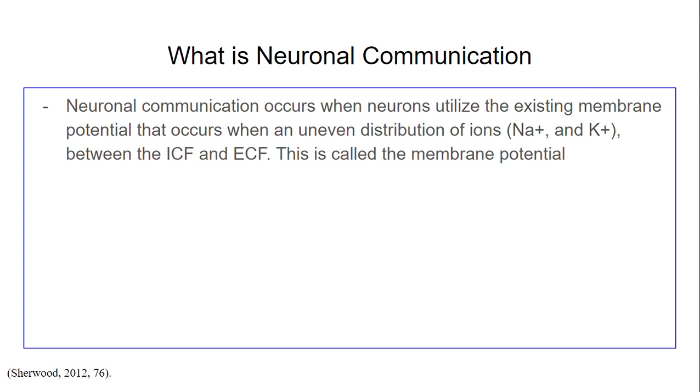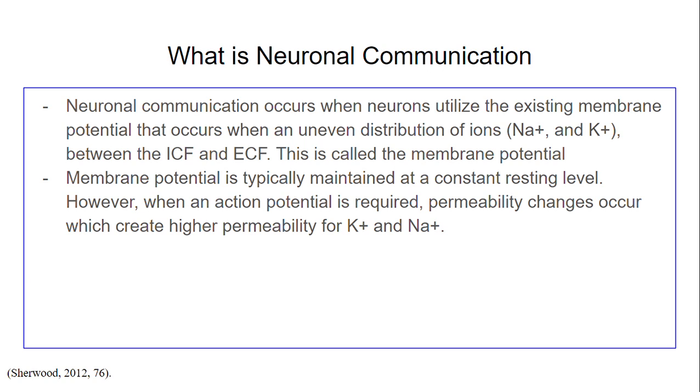When there is an uneven distribution of these ions, this is called a membrane potential. Membrane potential is typically maintained at a pretty constant resting level. However, when an action potential is required, permeability changes can occur, which creates higher permeability levels for potassium and sodium.